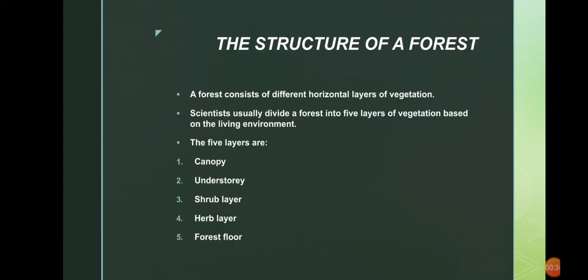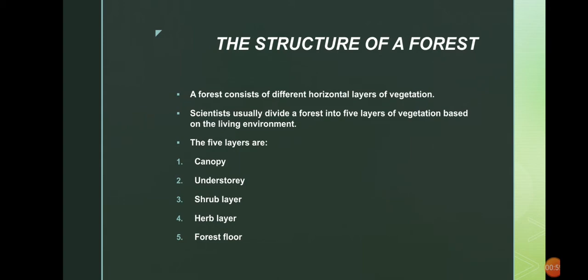Now, a forest consists of different horizontal layers of vegetation, that is trees and plants, right? Scientists usually divide the forest into 5 layers of vegetation based on the living environment or the categories of plants. What are the 5 layers of the forest vegetation?